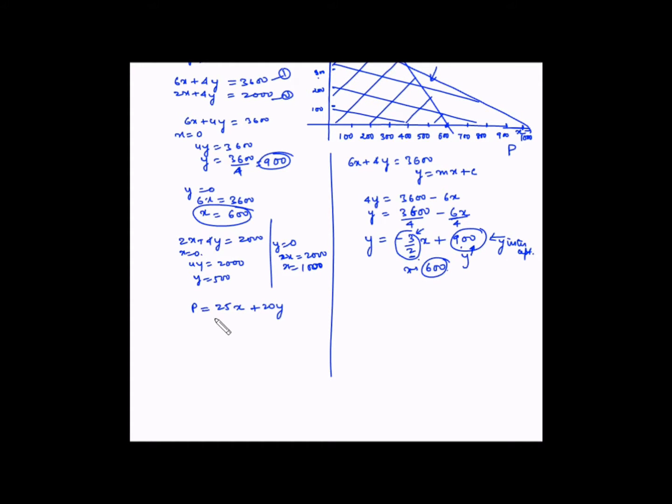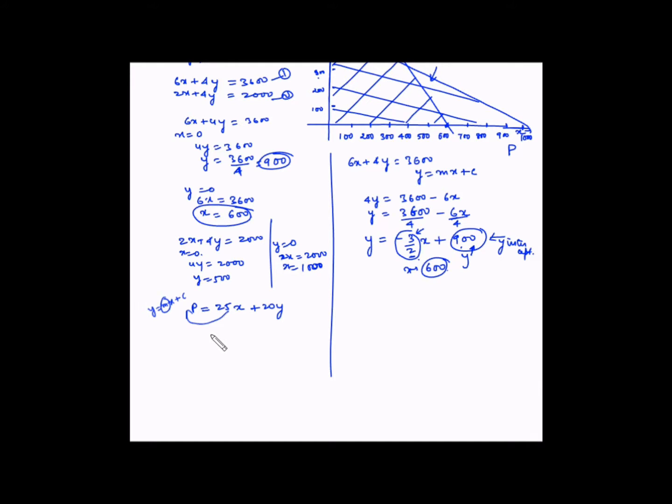Now in order to plot this line, we have to find out the slope of this line. So let us first express this equation in the form of y is equal to mx plus c. Once we do that, then we'll know the slope of the line and then we can try to plot these lines.